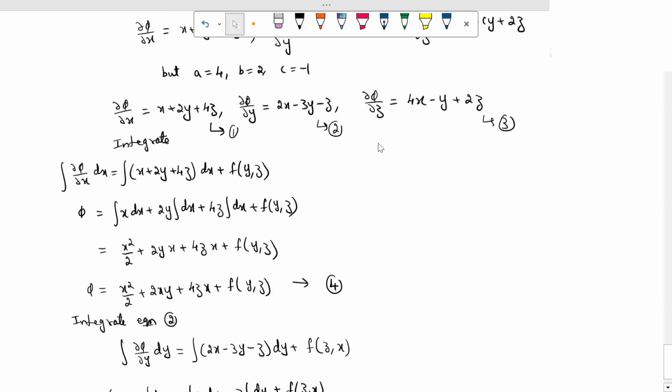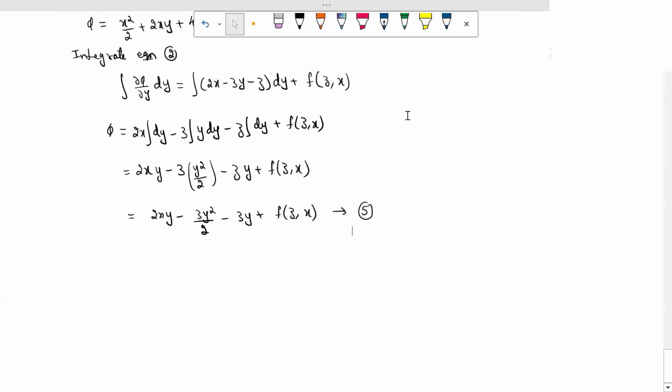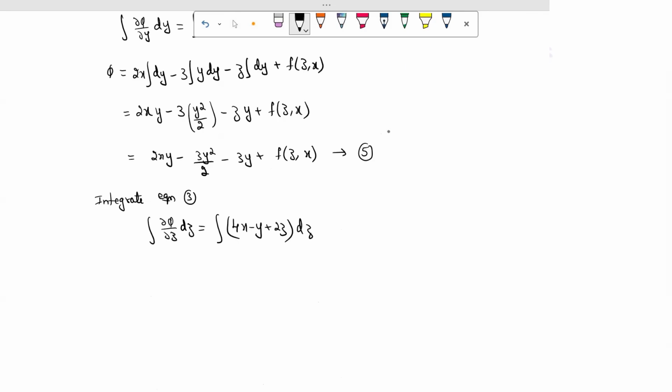One more equation is left out. It is ∂φ/∂z, that is equation number 3. Let's integrate that. The integral of ∂φ/∂z dz equals the integral of 4x minus y plus 2z times dz, plus a function of, what are the constants here? x and y.